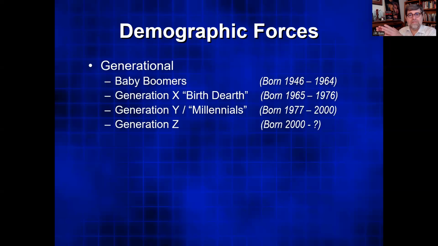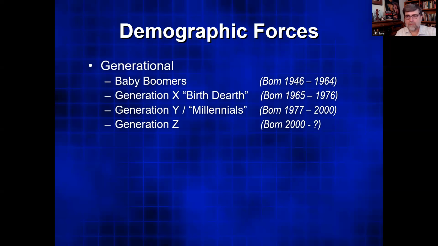What do the baby boomers need? Because there's so many of them. The following generation, also called Generation X, some people call the birth dearth, because that was a much smaller group. The baby boomers were actually the result of something that occurs in nature.